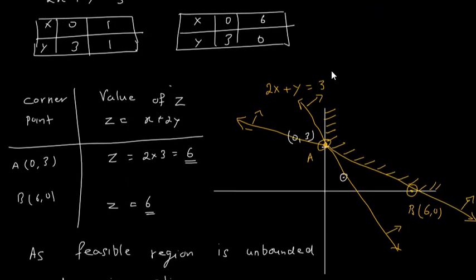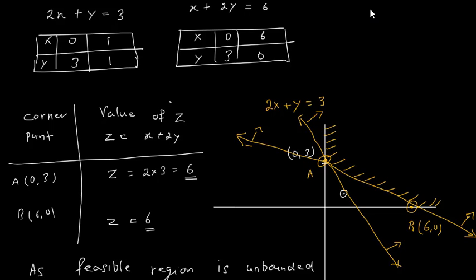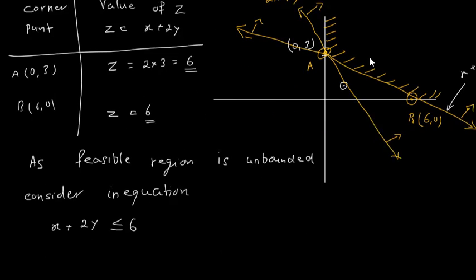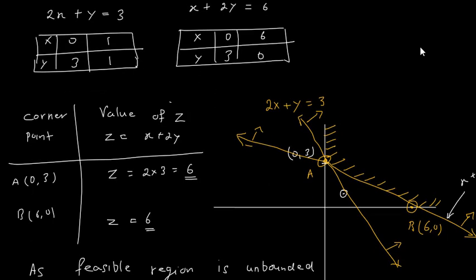We will plot x plus 2y equals 6. This line is x plus 2y equals 6, and when we say less than or equal to 6, then we have to see this side. Now there is no point common in the feasible region and this line.